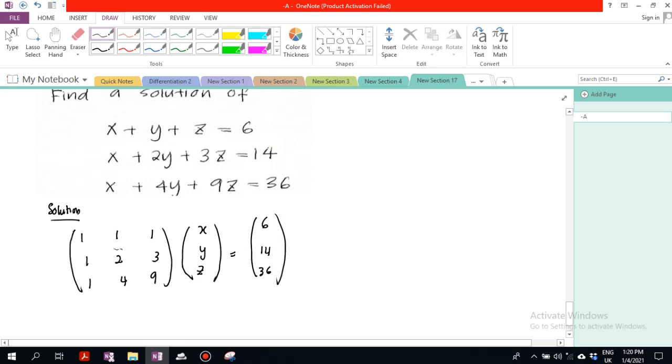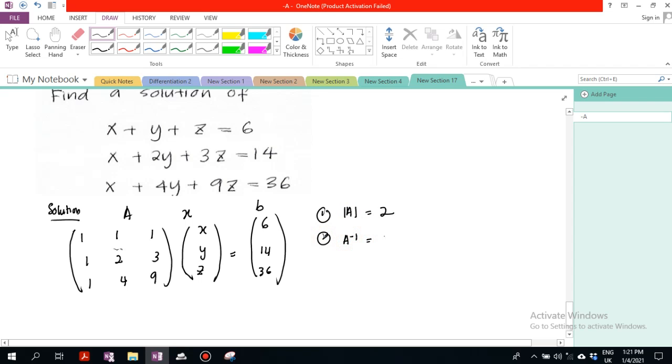Okay, so this is your A, this is your X, this is your small b. First step, you need to find A determinant. In this case, your A determinant is equal to 2. Second step, you need to find A inverse.